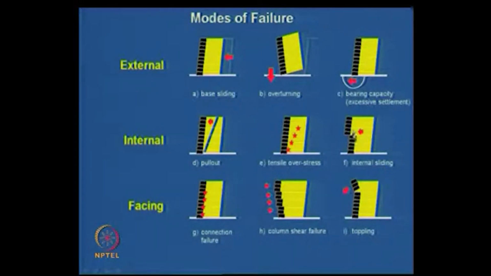I have seen a couple of failures like this, because we think that simple construction is easy, but it's not easy. Then facing: there could be connection failures, it can fail as a column, there could be toppling failures, many things are possible. So though the facing looks very impressive, one should be very careful and look at all these possibilities.